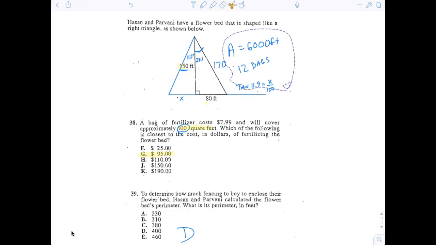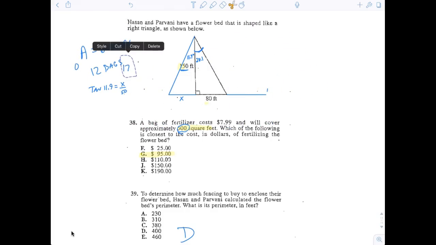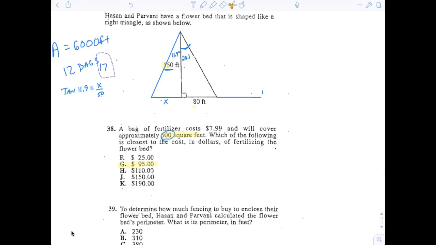All right. So let's move that out of the way. So this is what we're doing here. Now, this right here is now 40 degrees, correct? So now, if we do the tangent of 40 is equal to x over 150.